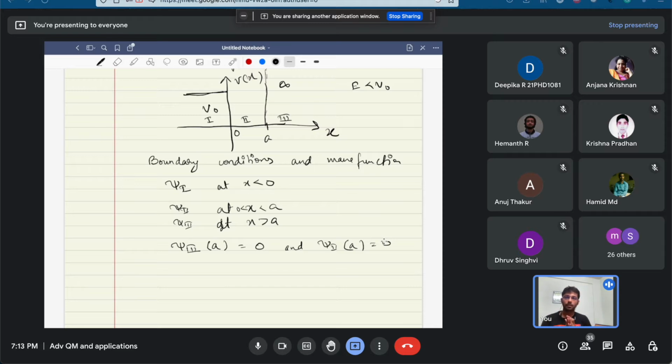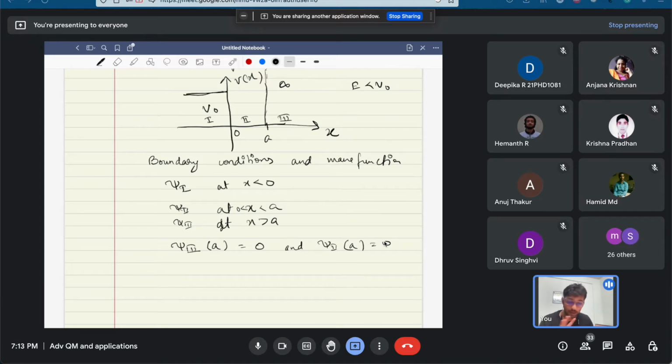The main boundary conditions that we always consider are that in quantum mechanics a wave function should always be continuous throughout the region from minus infinity to plus infinity, and the derivative of the wave function should also be continuous whenever the potential is finite.